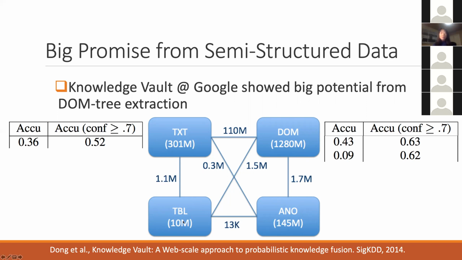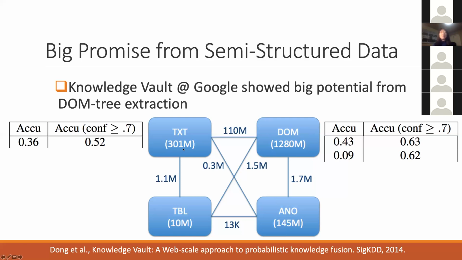The third is web tables. These are the tabular information on the web pages. The last is web annotations, which are annotations on the HTML code according to particular ontologies such as schema.org. For each type, we can see the numbers in the parentheses.